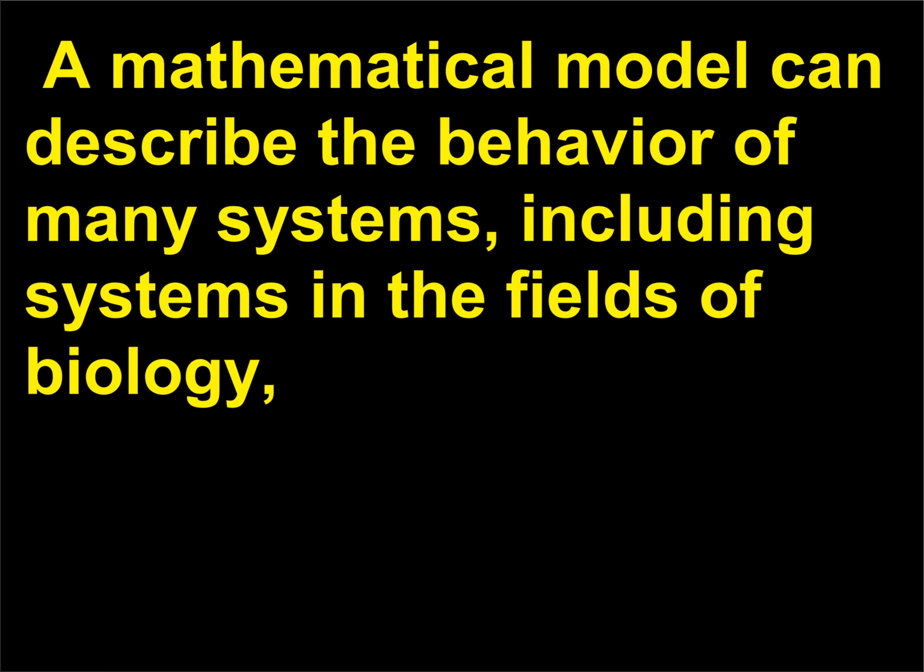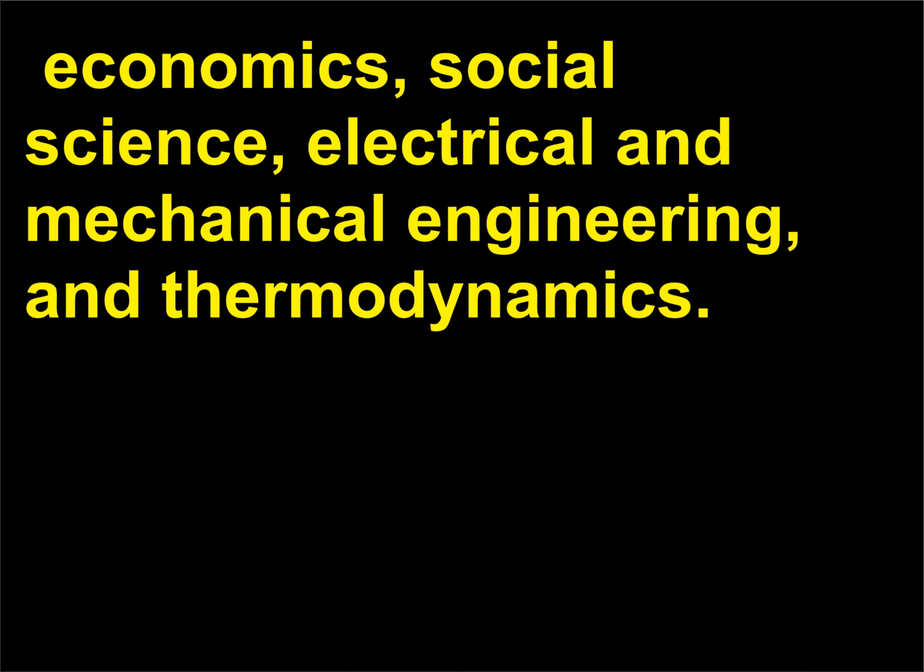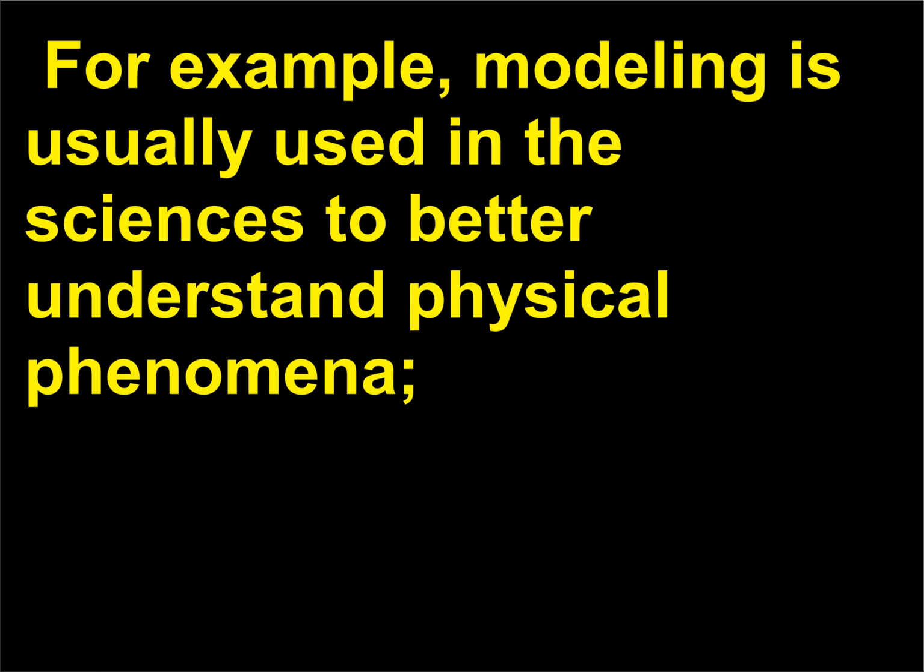A mathematical model can describe the behavior of many systems, including systems in the fields of biology, economics, social science, electrical and mechanical engineering, and thermodynamics. For example, modeling is usually used in the sciences to better understand physical phenomena.